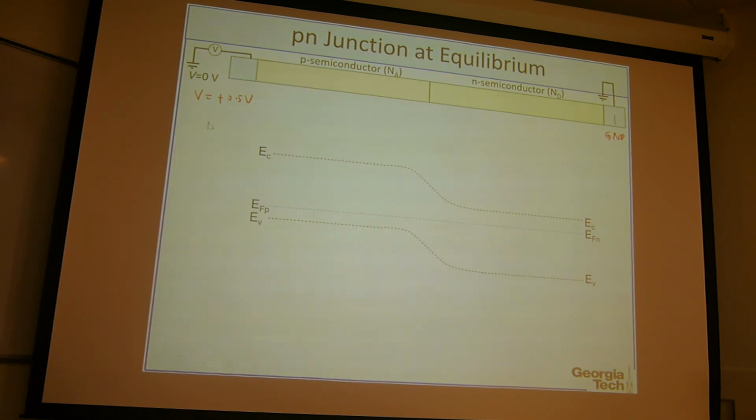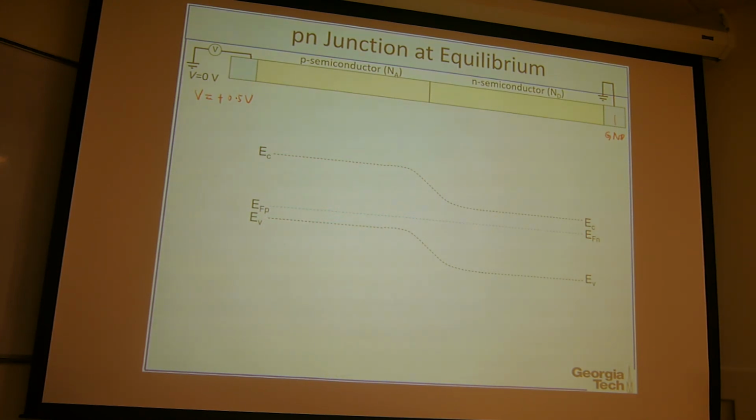Then what will happen? Any idea? If you recall what we discussed at the very beginning of today's class, positive voltage to the band means what? It means push down the band. So here we use the N-type as a reference. That means the ground, the right-hand side, will stay there, will not move. And then we apply positive voltage to the P-type, to the left.